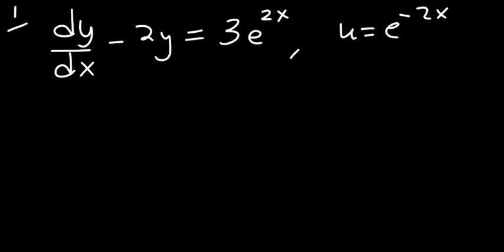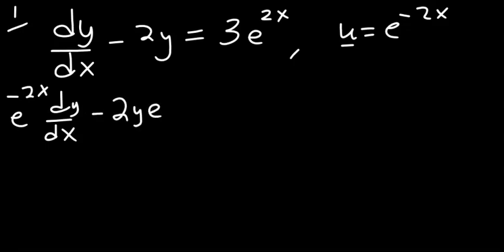Multiplying this differential equation by that integrating factor, you'll get e to the power minus 2x dy/dx minus 2y e to the power minus 2x equals 3.